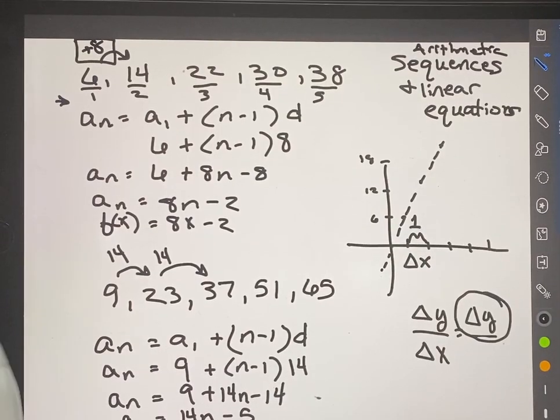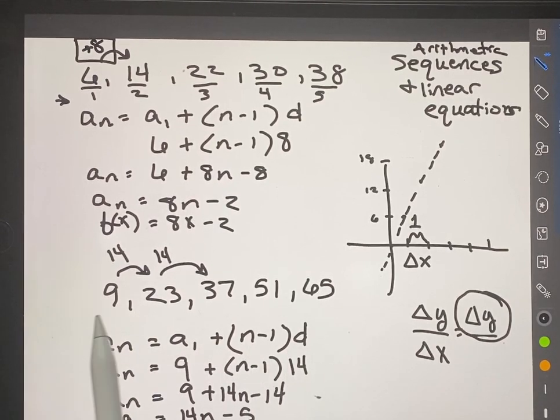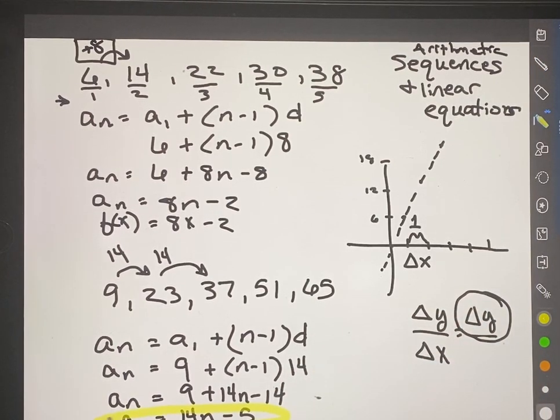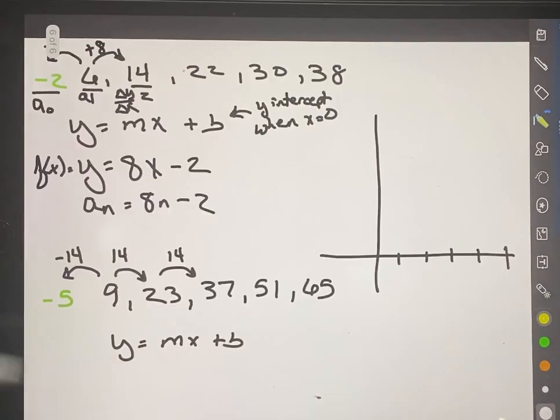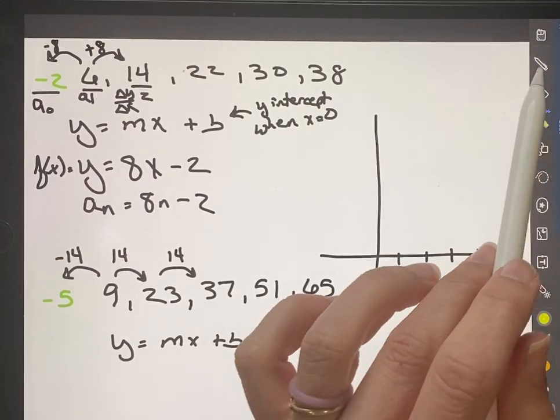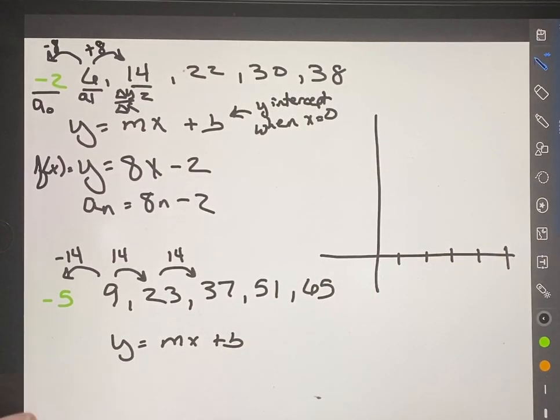When we did this bottom one, we said that we were jumping by 14. We used our sequence equation, and we came up with the formula saying that a sub n is 14n minus 5. So let's address that as a linear equation as well. So we know that 9 is our a sub 1.